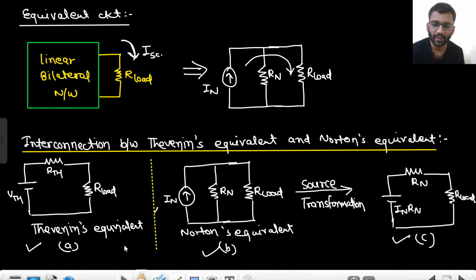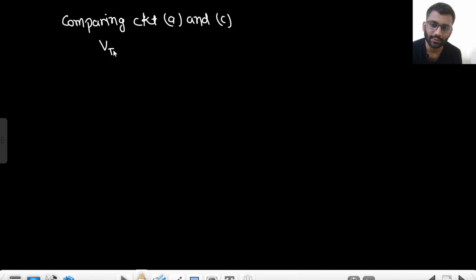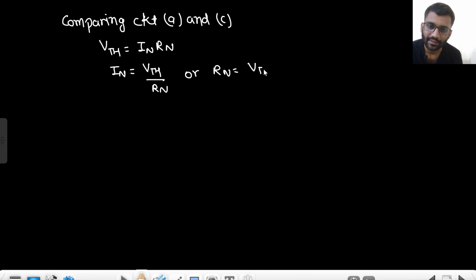Comparing circuit A and C, what do I get? VTH is equal to IN into RN. So IN is equal to VTH by RN, or RN is equal to VTH by IN.